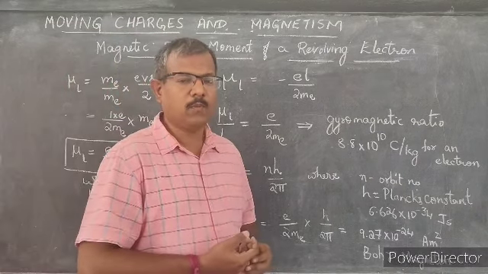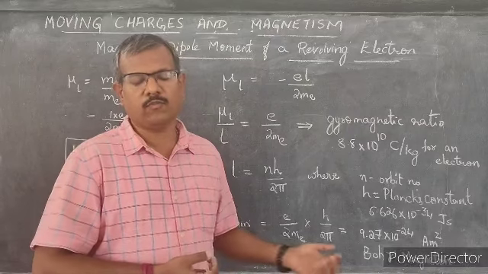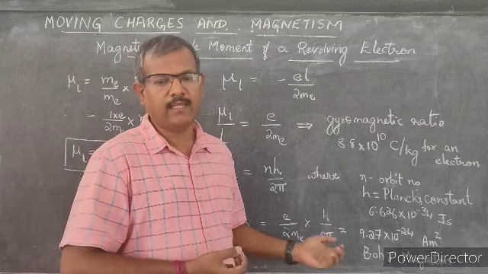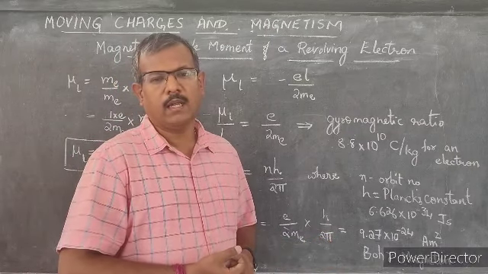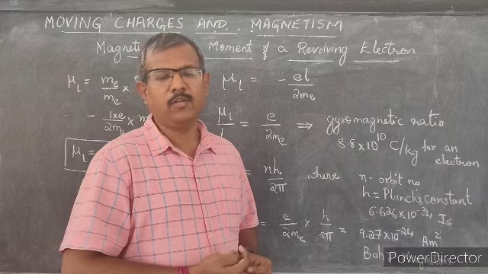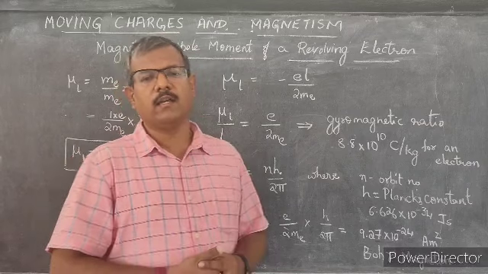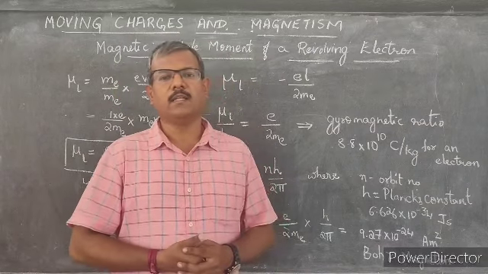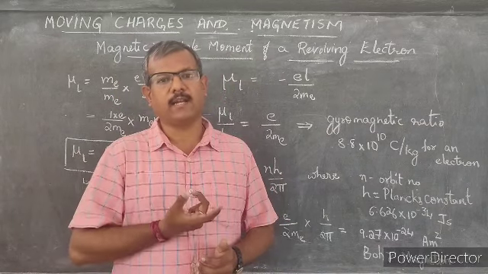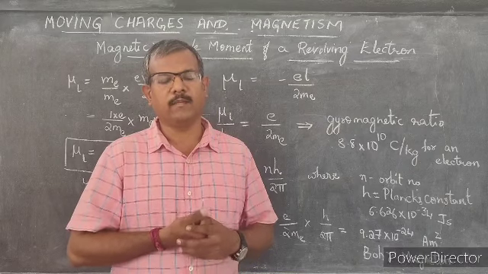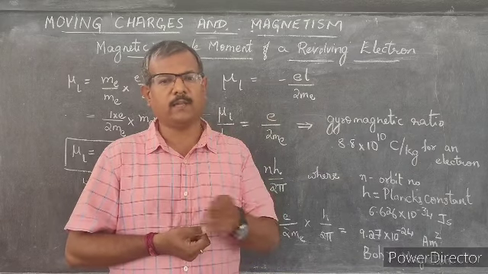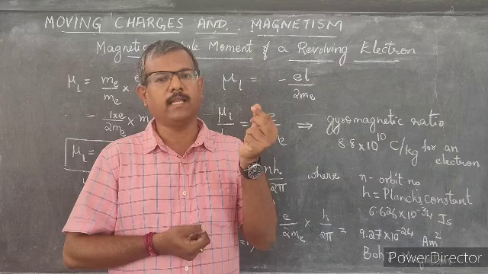So every electron is characterized by two types of magnetic moments: one is the orbital magnetic moment and one is the spin magnetic moment.